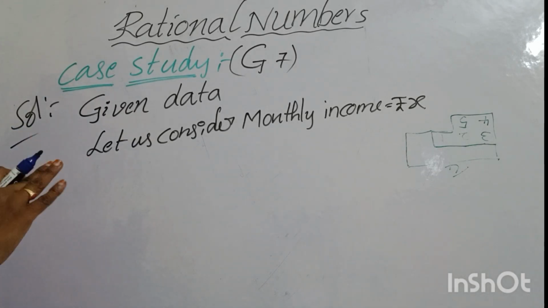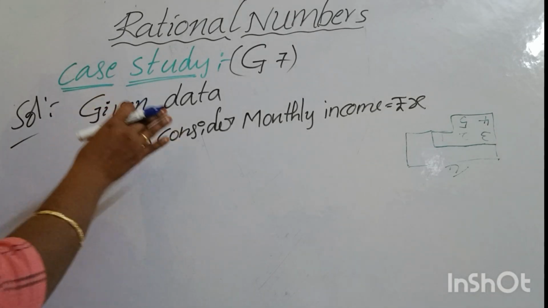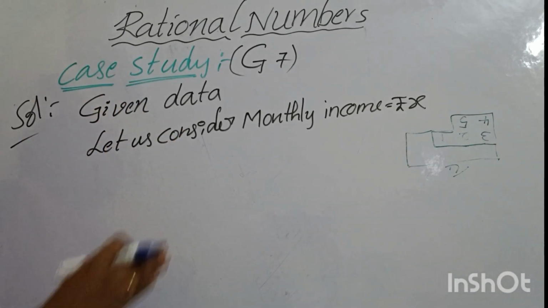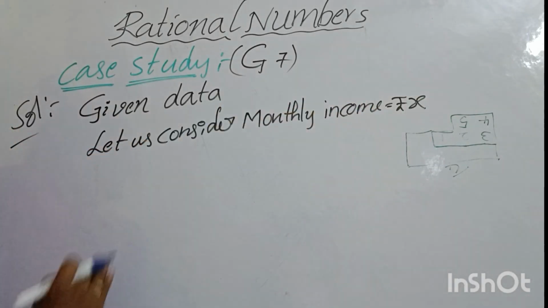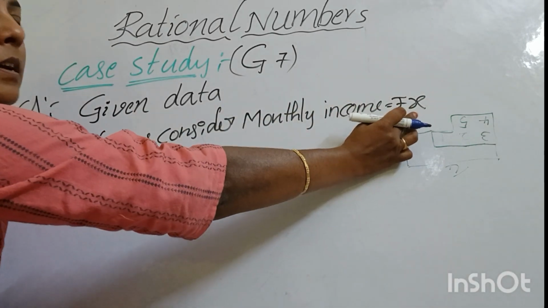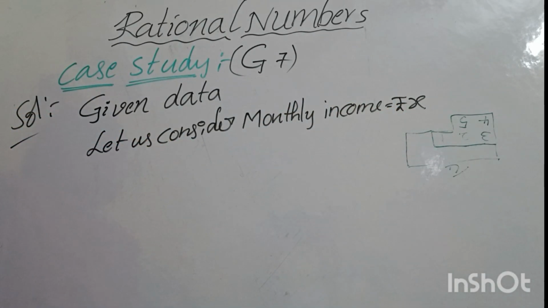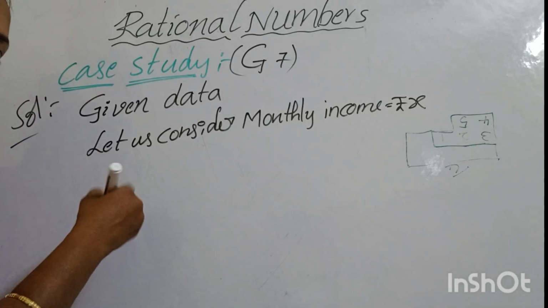But they didn't give exactly how much amount he is getting monthly. That's why I am taking X. I am considering an unknown thing as a variable X. Clear?